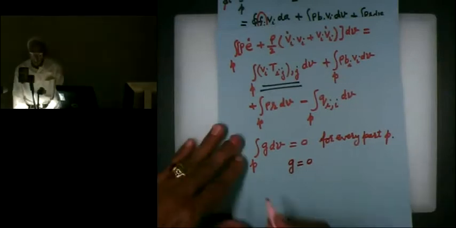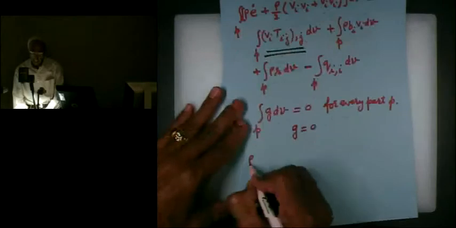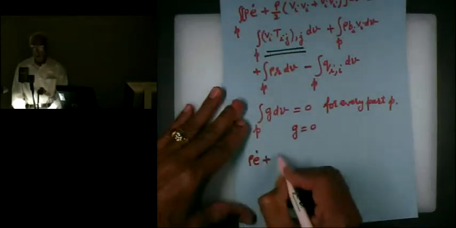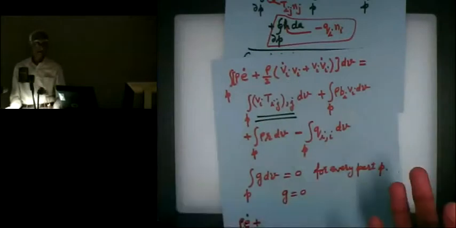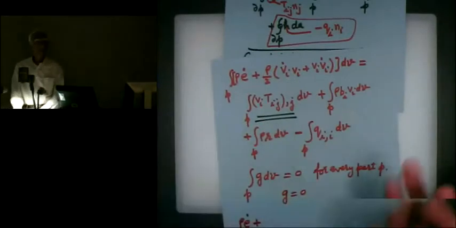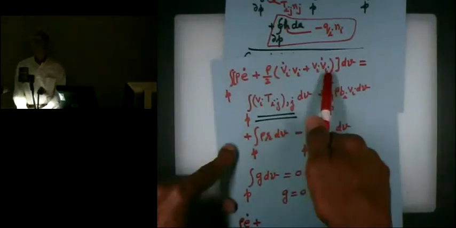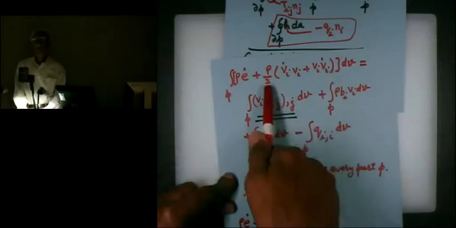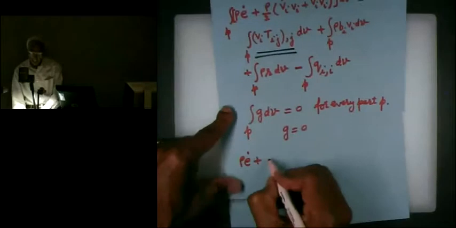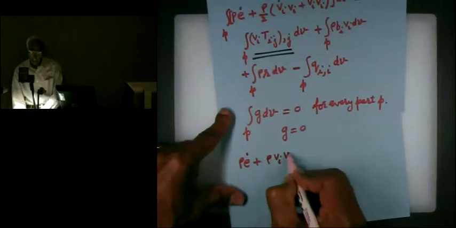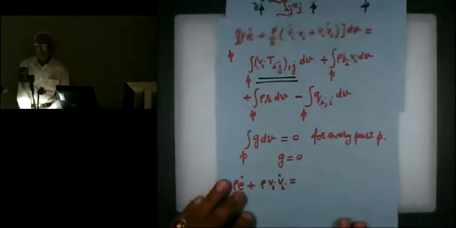So we get rho E dot plus, these two terms are same, Vi dot Vi, they are the same terms. So we can add these two up, and that will take care of this 2. So we have rho E dot, then rho Vi, Vi dot. That's from this first term.